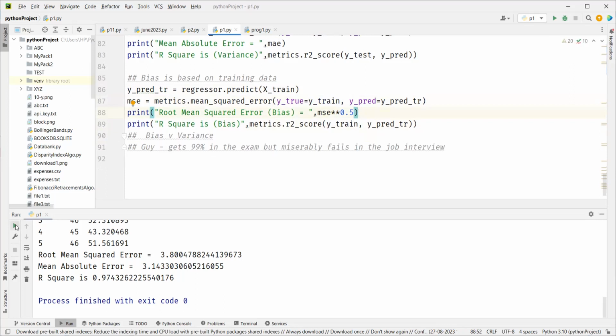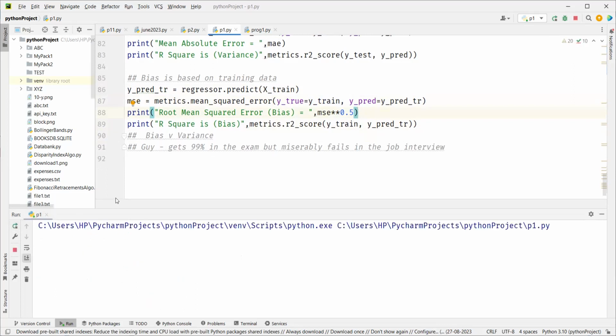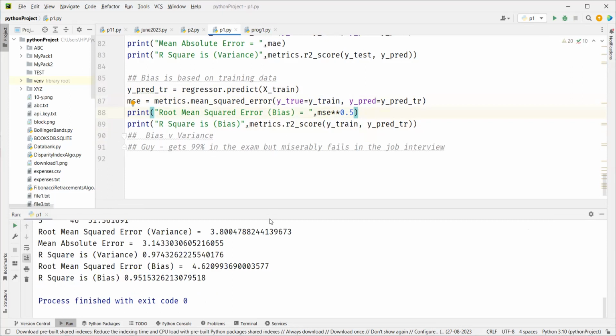Let's compare. So this is how you calculate bias and variance. Bias is based on your accuracy on your training data, and variance is based on your test data. Now you see here, this data is funny. This is the fourth case, which we generally don't expect. RMSE on variance is 3.8 on test data.